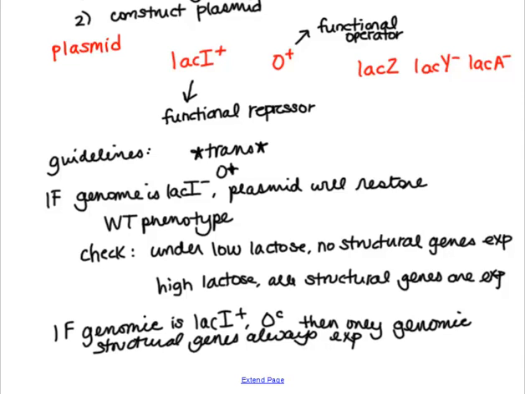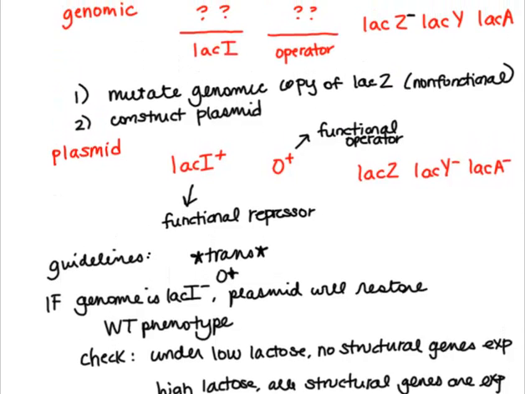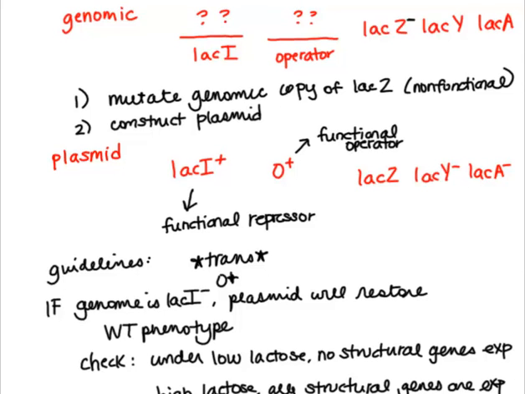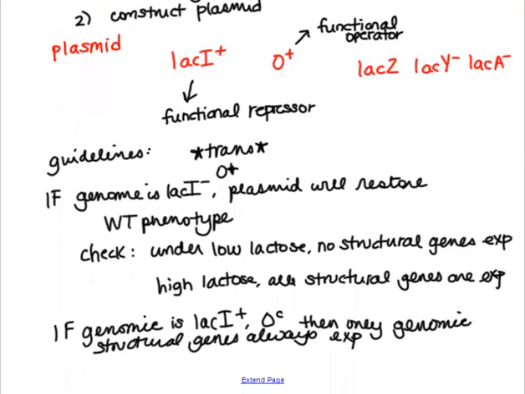And that makes sense, right? If there's two normal copies of the repressor protein gene, then only the one that doesn't have a functional operator will always be expressed because it'll never be blocked by the repressor protein.